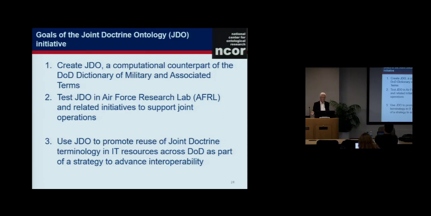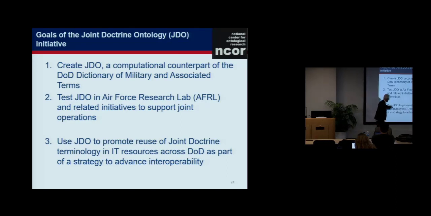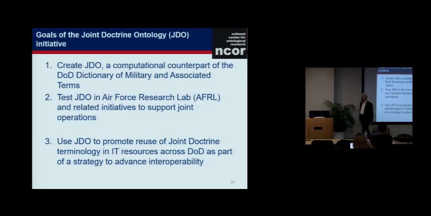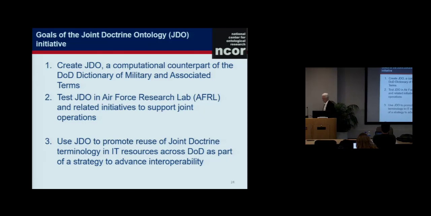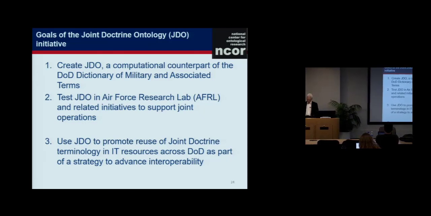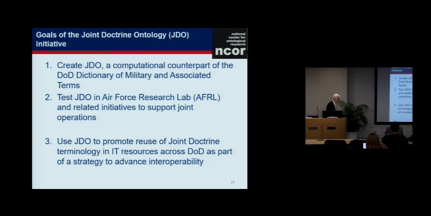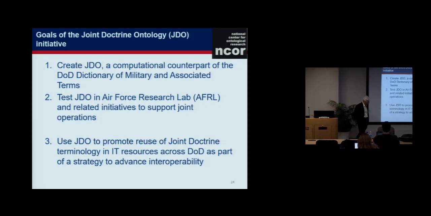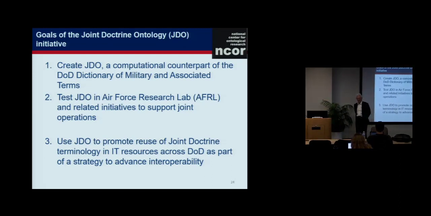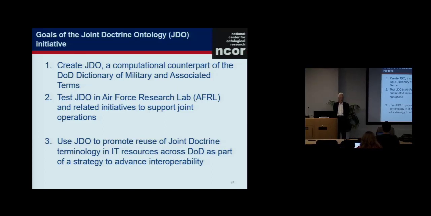So we should have something like Joint Doctrine for IT, and the Joint Doctrine Ontology was designed as the first step to bring about Joint Doctrine for IT. And the Joint Doctrine for IT would be somewhat different from Joint Doctrine for the services, in the sense that manufacturers of equipment, and IT personnel on the outside, IT contractors, would be subjected to it, not just people who are actually in the military.